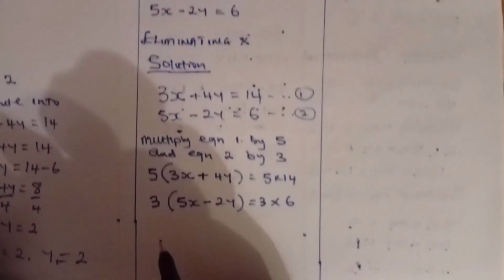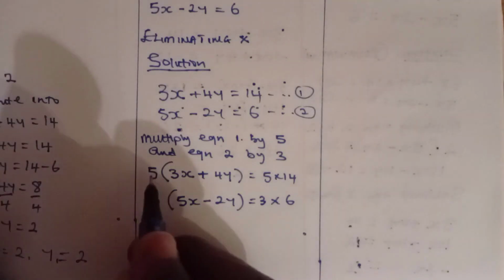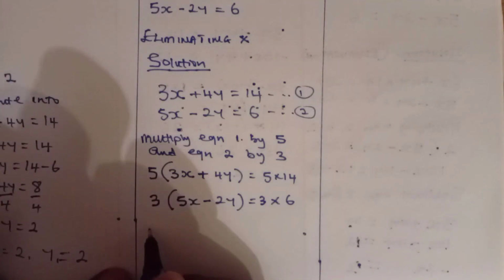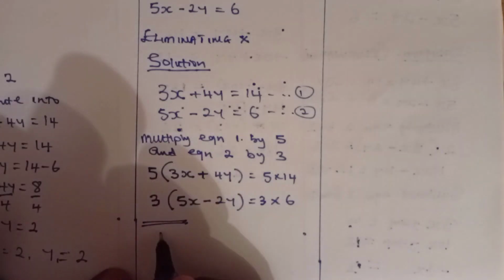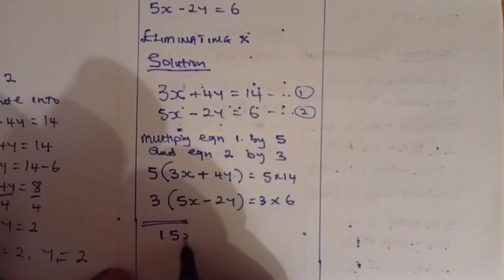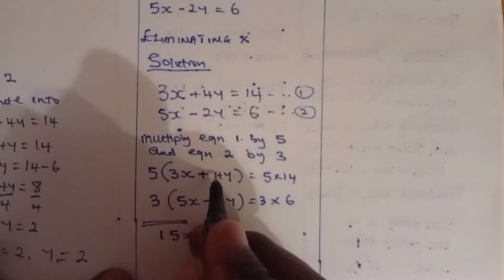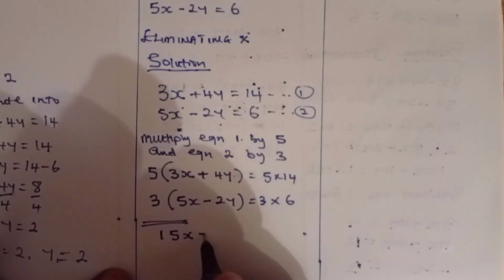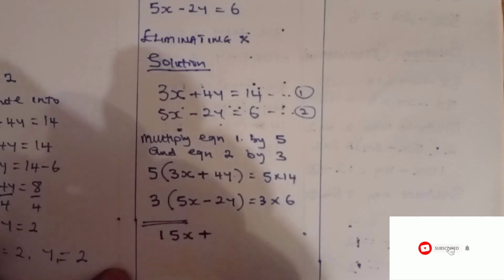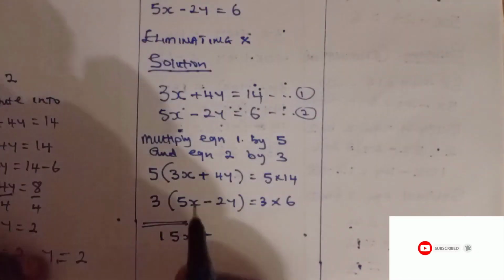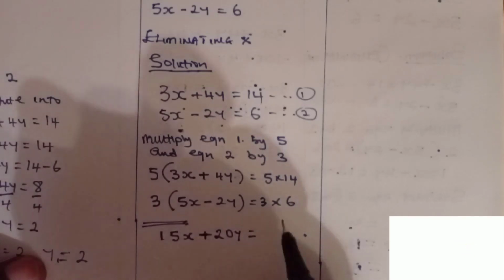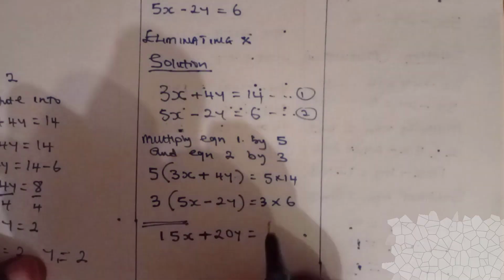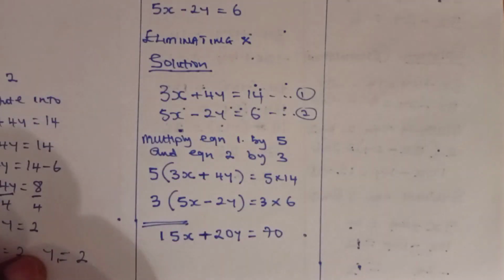So let's open the brackets there. Let me draw a line here. So 5 times 3x is going to give us 15x. 5 times 4y is going to give us plus 20y. So we have 5 times 14 is going to give us 70.